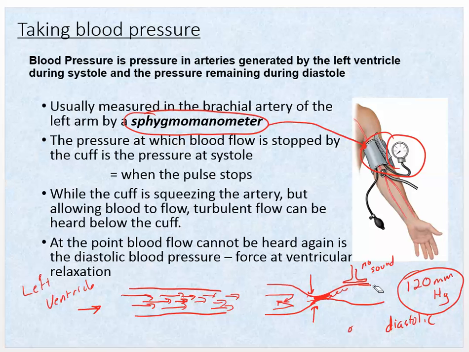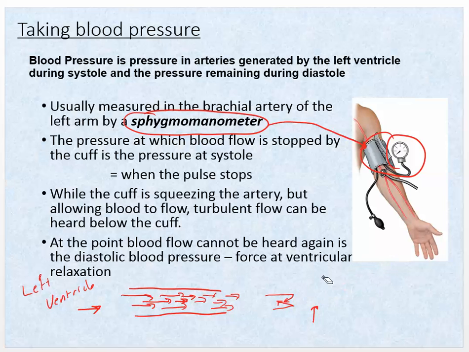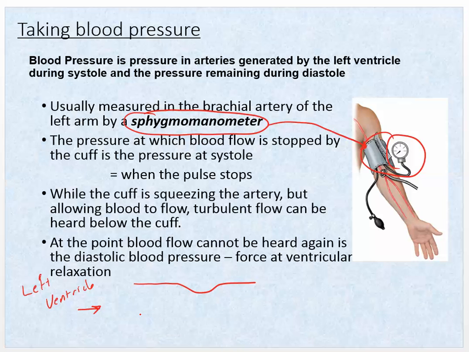So what do we do then? We relieve the pressure. We blocked it and now we're letting it out, and at some point, oh, it's escaped by. That's right where our systolic pressure is. We continue to let some of the pressure out, and we're listening, and of course we're hearing turbulent flow because we're still pressing on it.